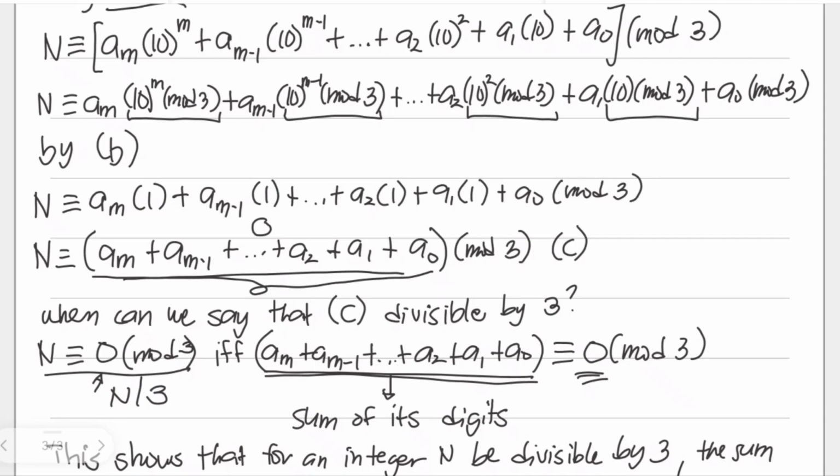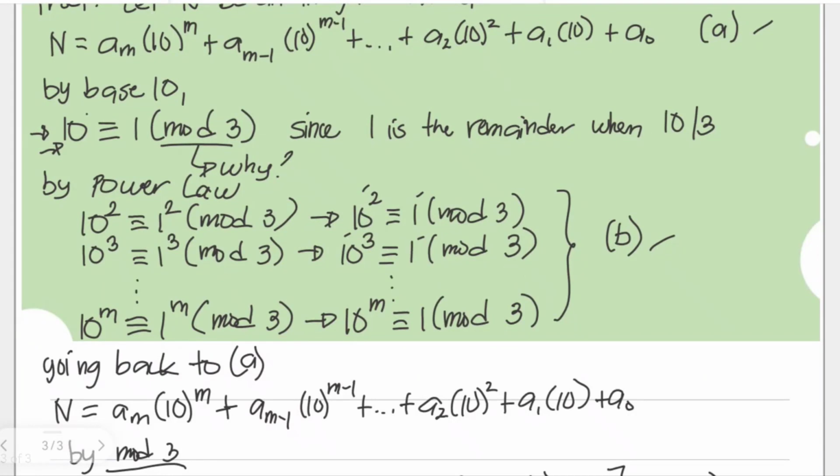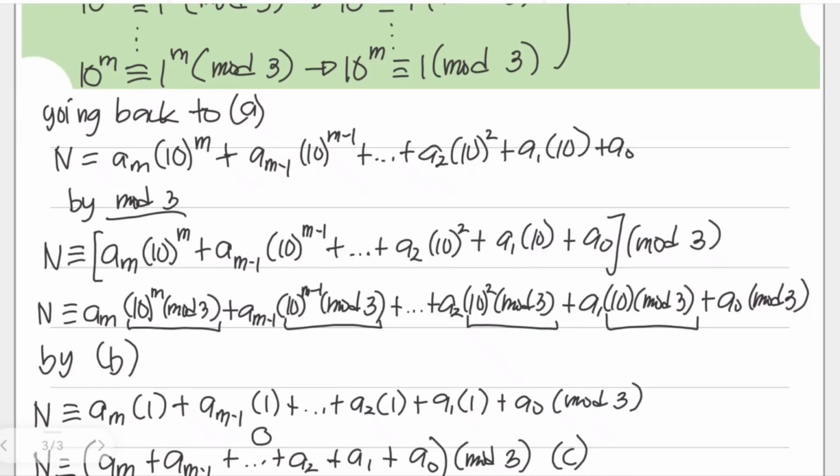So we did this by starting with the expression of any integer, very large or very small, as long as it's a positive integer, with base 10. Then we used the idea of congruence for base 10. Using the power law, you will have 1, 1, 1 as well. Going back to the first equation, applying modulo 3, and distributing that carefully, you will have these forms, which is 1, 1, 1, 1.